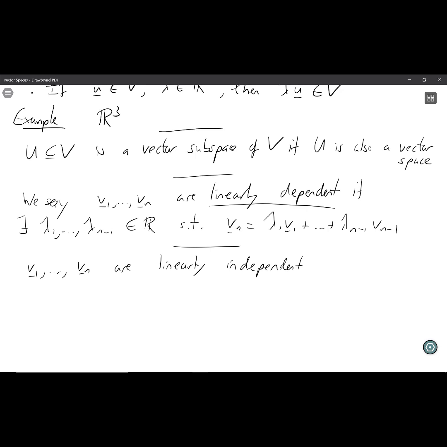Okay, so the way we write this is we say V1 to Vn are linearly independent if lambda 1 V1 plus lambda 2 V2 up to plus lambda n Vn equals 0, and whenever that is true, that implies that lambda 1 equals lambda 2 equals lambda n equals 0. Okay. So in other words, there's no combination of scalars that allow us to write any of the vectors in terms of any of the other vectors.